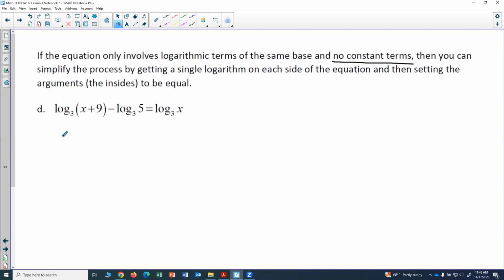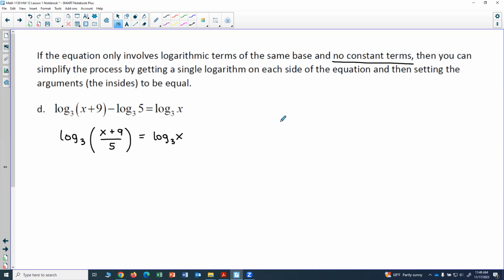But here, I could go ahead and combine log base 3 of x plus 9 minus log base 3 of 5 into a single logarithm, log base 3 of x plus 9 over 5, using that quotient property of logarithms, equals log base 3 of x.